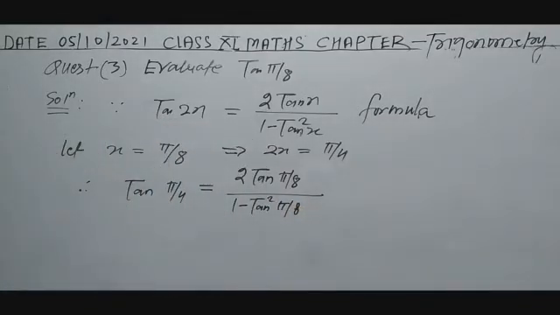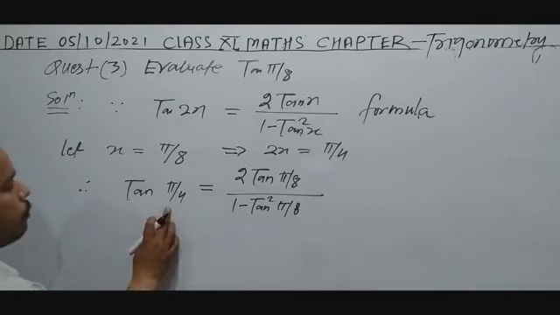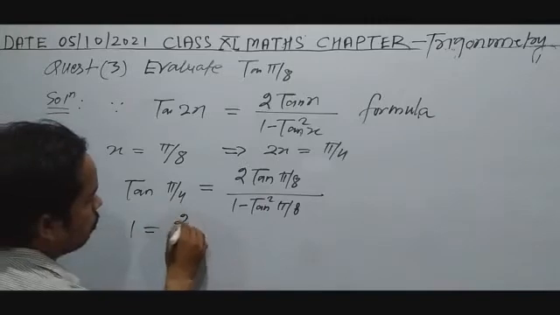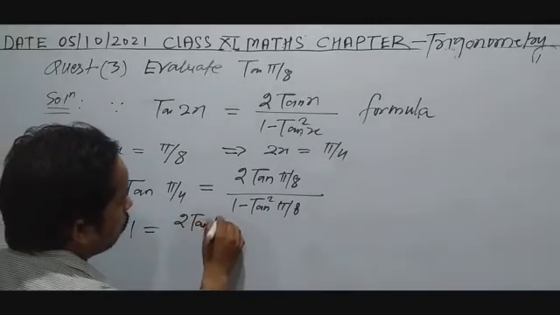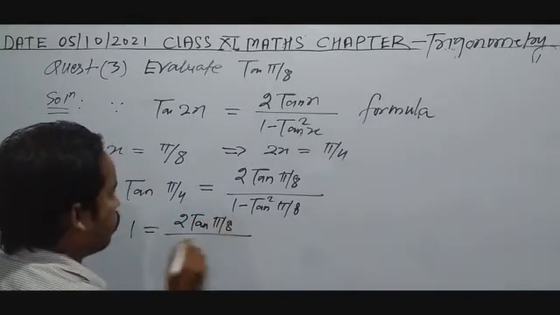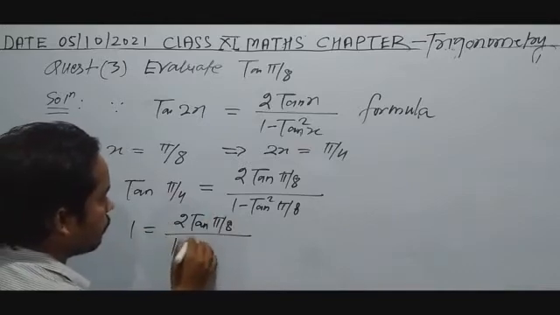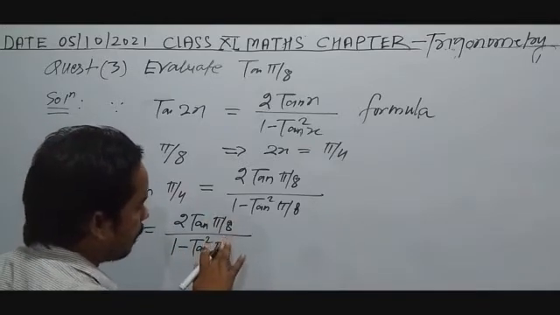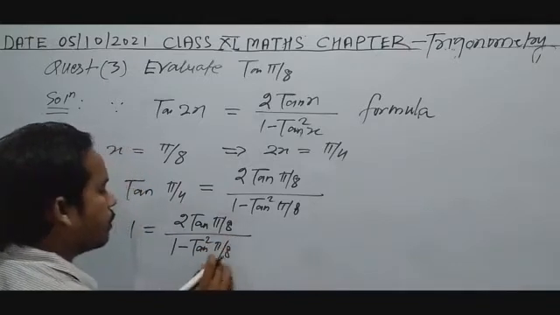Now tan pi by 4, you know, is 1. Therefore 1 is equal to 2 times tan pi by 8 whole upon 1 minus tan square pi by 8.